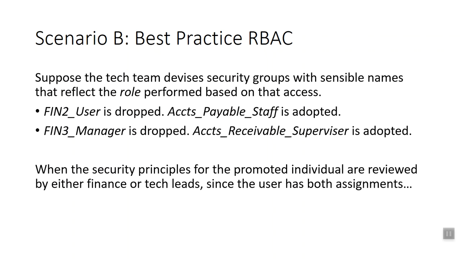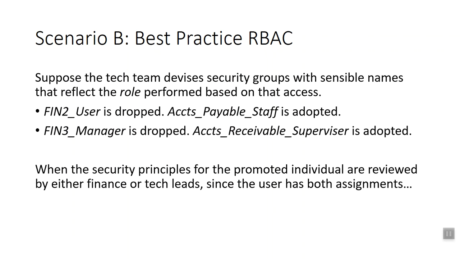Now, when the security principles for the promoted individual are reviewed by either finance or tech leads, since the user has both assignments based on a role, what happens is that they see, oh, wait a minute, if they're a member of this group and a member of that group, it means they can take money in and they can pay money out. Ding, ding, ding.